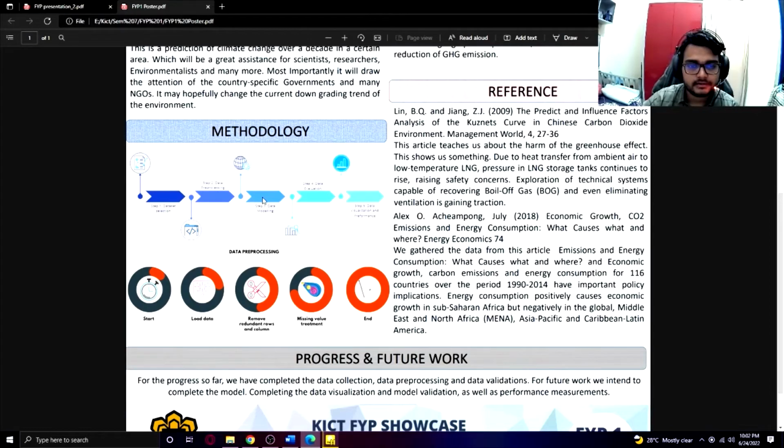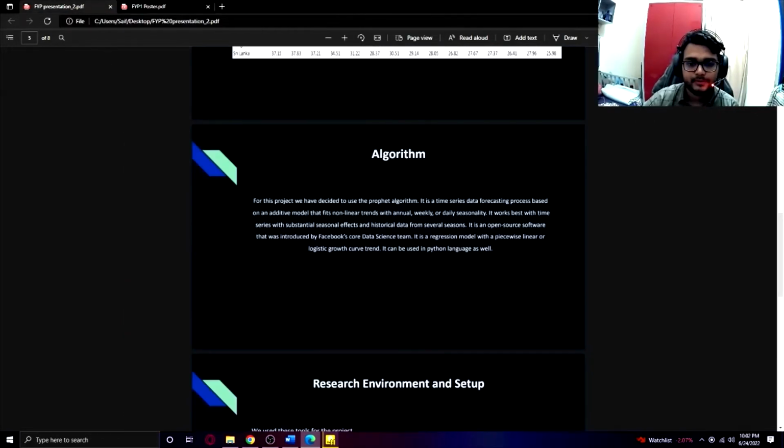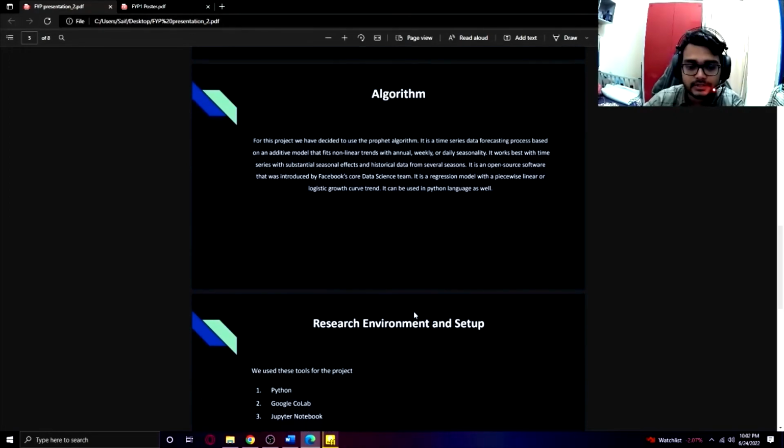For data modeling, we have chosen to do the implementation in FYP2. For FYP1 we have only chosen the algorithm. Here we have chosen the Prophet algorithm, which is one of the best time series forecasting algorithms and fits the trend of our research. Furthermore, it's open source software introduced by Facebook's data science team, so it's okay for us to use.